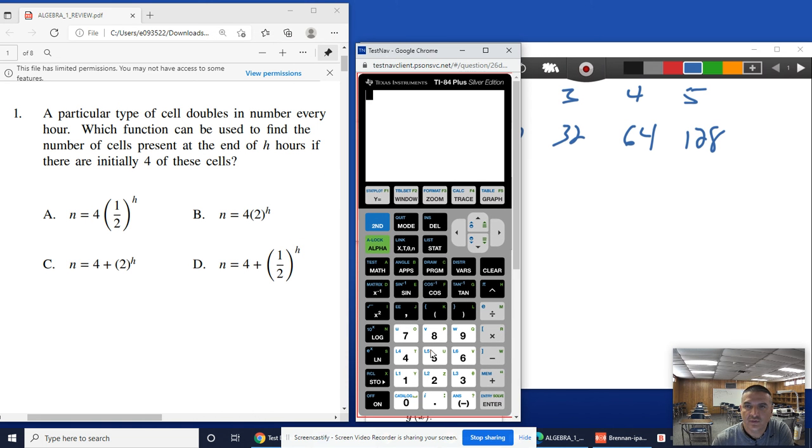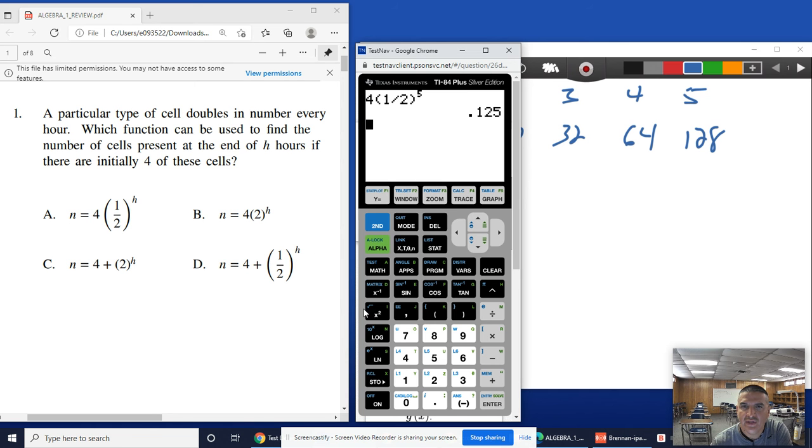So like this first one, 4 times 1/2. It's a little faster for you guys, and raise that to the h power, to the fifth power. So it's not 8.